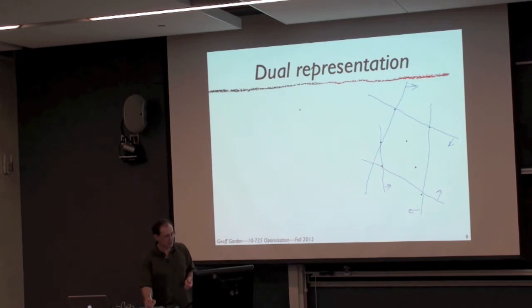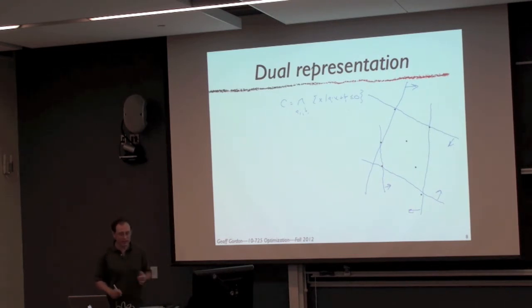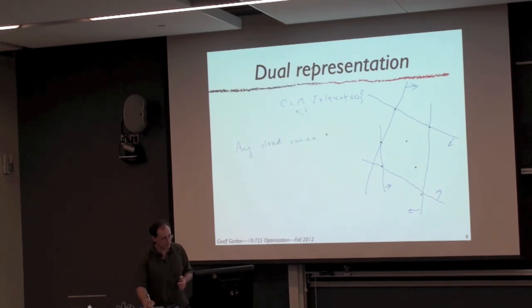So in this case, C is equal to the intersection over the coefficients of the half spaces a_i and b_i of the sets of x such that a_i x plus b_i is less than or equal to 0. And again, any closed convex C equals this.